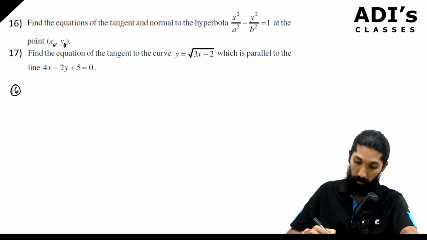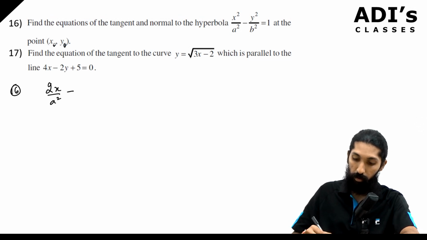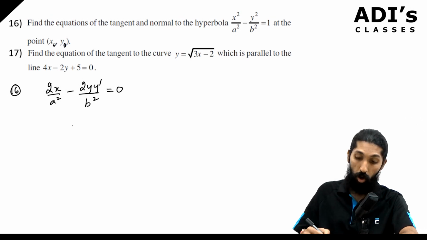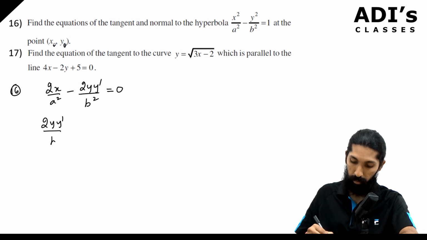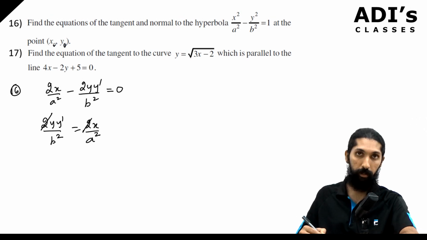All right. So you will have 2x by a square, 2y into y dash by b square is equal to 0. Correct? Or you can write 2y y dash by b square is equal to 2x by a square. 2 and 2 cancel, right?